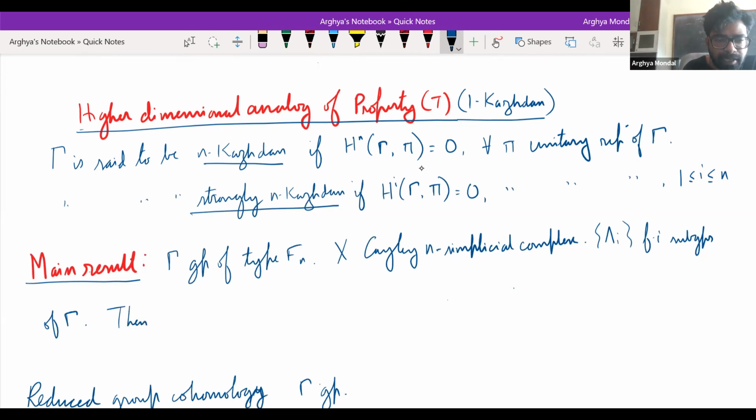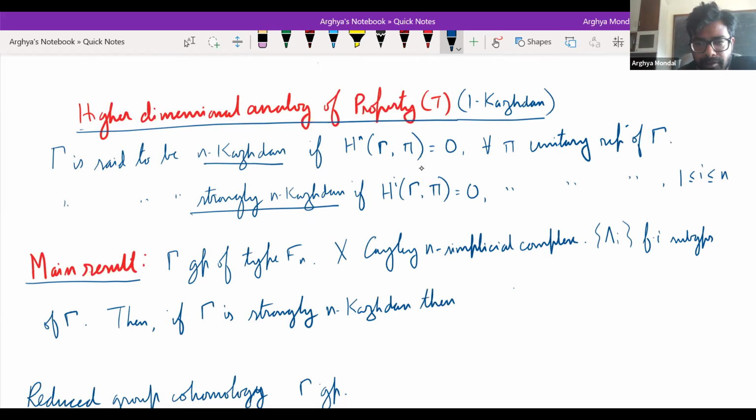Then we can say that if gamma is strongly n-Kazhdan, then X mod lambda i are n-dimensional spectral expanders.